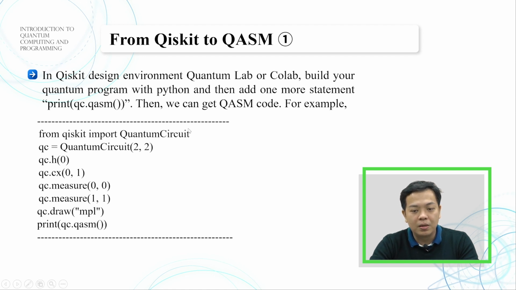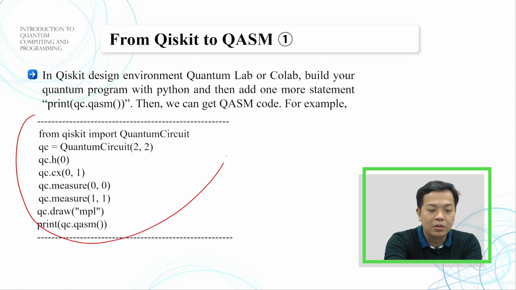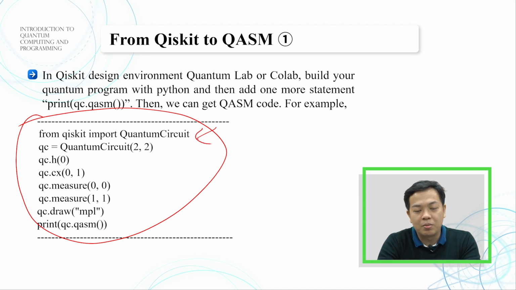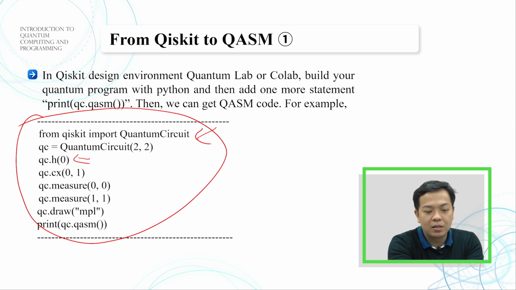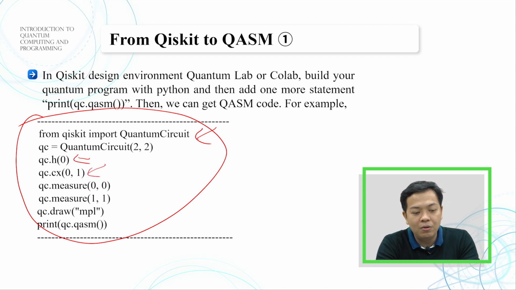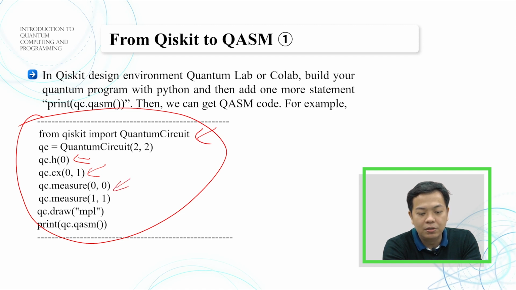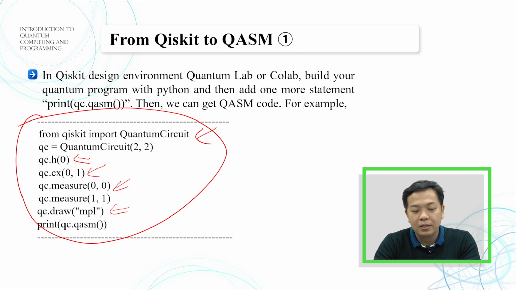So this is an example for Qiskit. You can see in the Qiskit code, you can specify the register, you can add the Hadamard gate. You can initialize the qubit value, and after that you can measure the qubit, and you can draw with matplotlib.